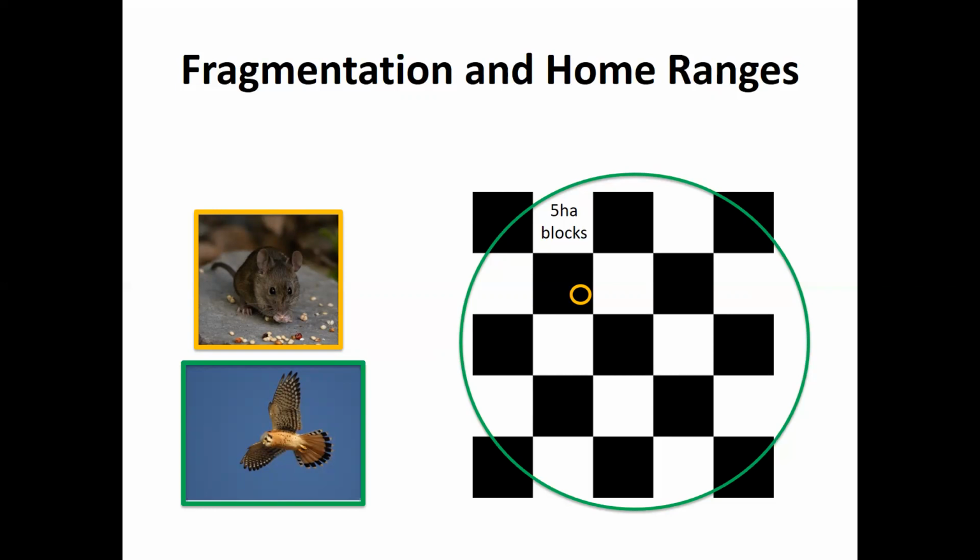So it might have to greatly increase the size of its home range to meet its needs, or it may just not get enough food or resources. So the size of home ranges and the scale of habitat fragmentation are important pieces to understanding how fragmentation impacts a species.